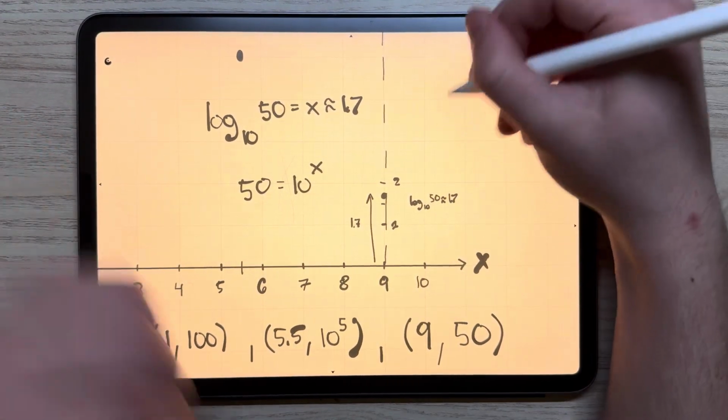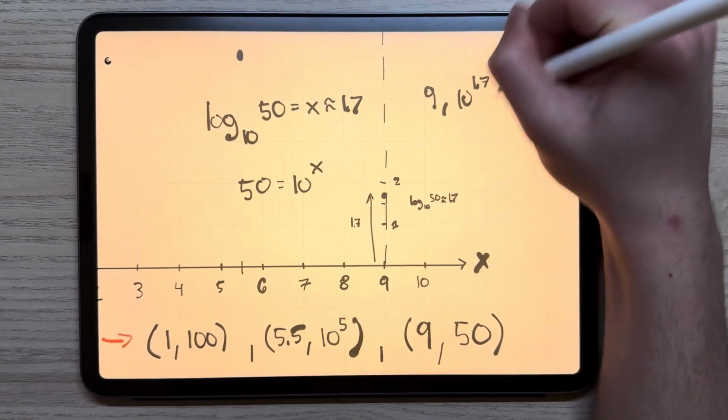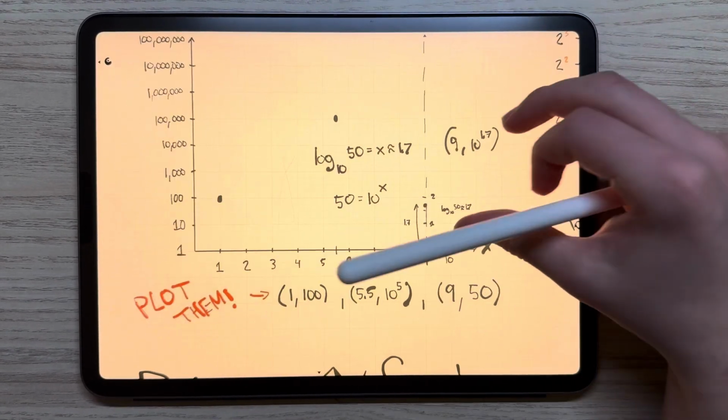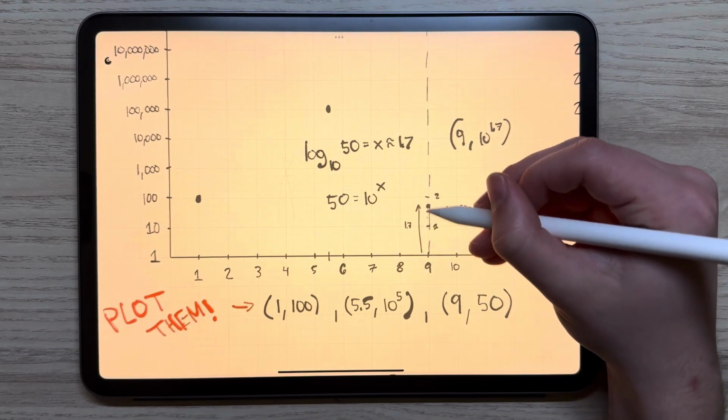If you're going to go up 1.7 amount, if I were to tell you to plot maybe 9 and then 10 to the 1.7, it'd be much easier to do that because all you'd have to do is go up 1 and then a little bit, 0.7.